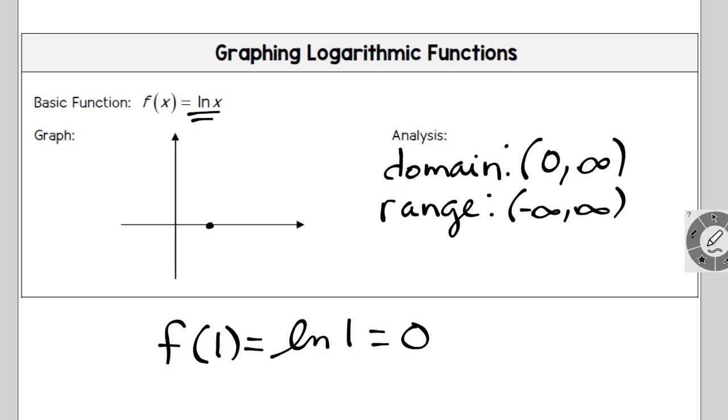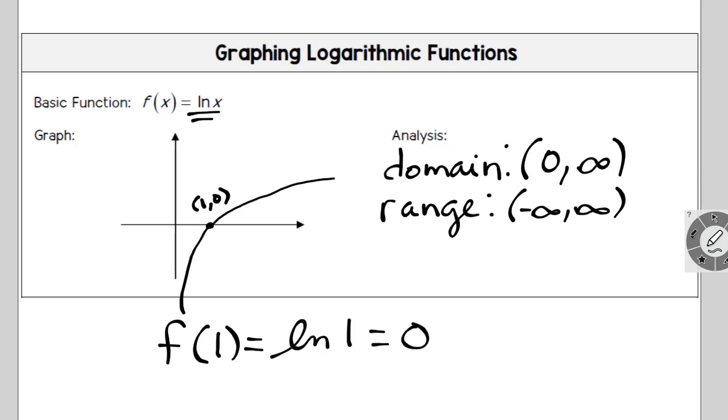So the point (1, 0) is going to be on the graph, and the graph looks something like this. If you go back and look at the very first thing we did in this section, we drew the inverse functions. Hopefully now it makes more sense why the log function has this basic shape. So that's our basic graph.